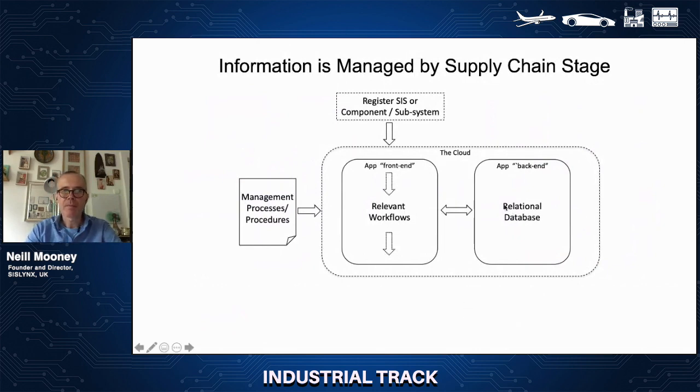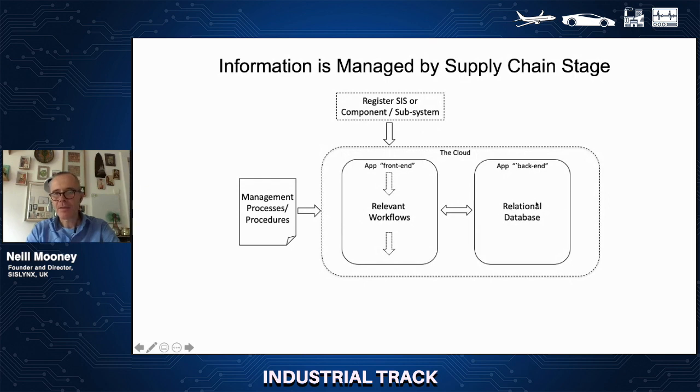So here at the top, you'll register an SAS or component or subsystem, and it goes into the computer system. And the front end of the computer system app will run workflows dependent on the supply chain position and what needs to be achieved from a functional safety point of view, both in terms of engineering and also management.